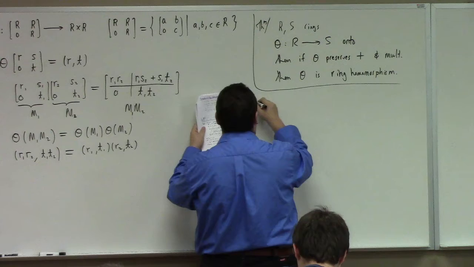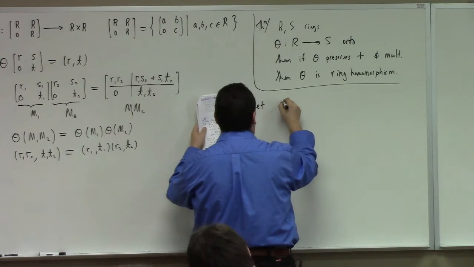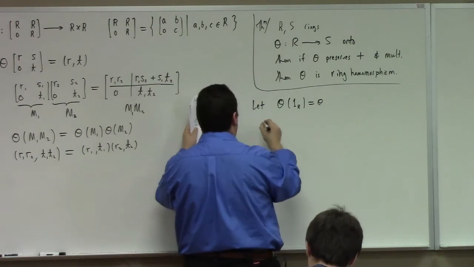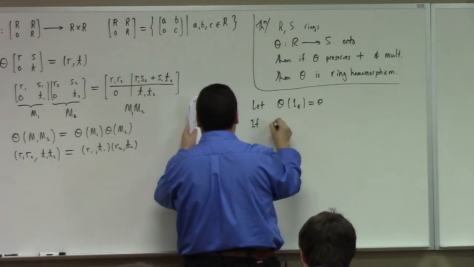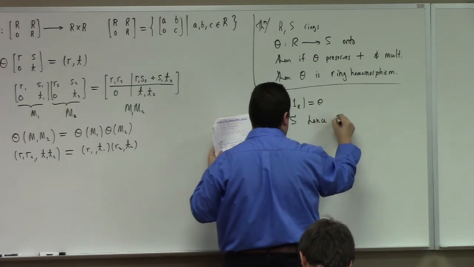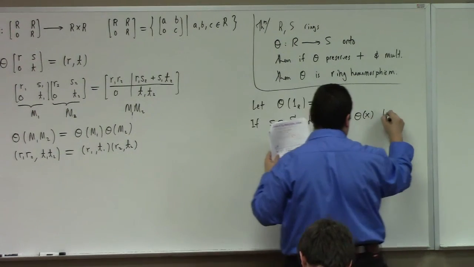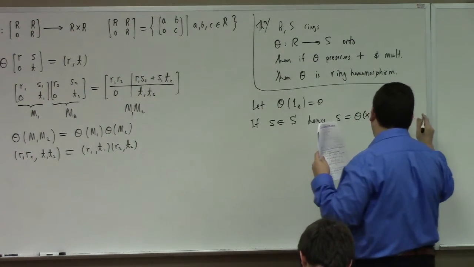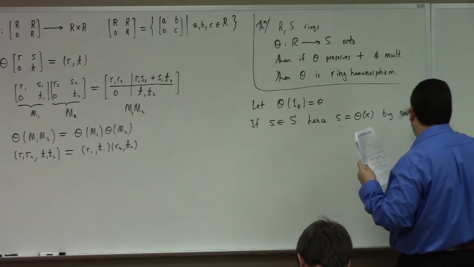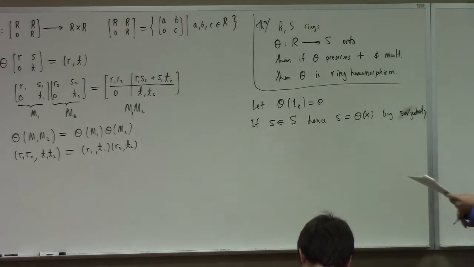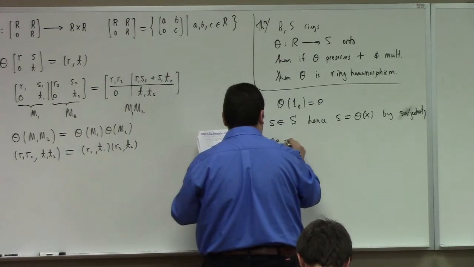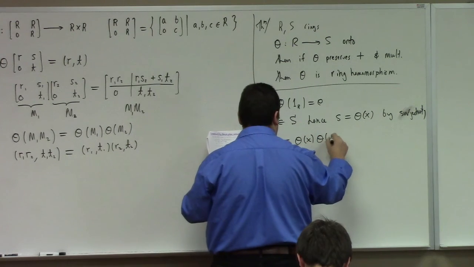And here's the argument for that. If we let theta of 1R, let's call that E, all right? And if s is an element of S, hence s is equal to theta of x by surjectivity, then what do we get? We get s times E is equal to theta of x times theta of 1R.